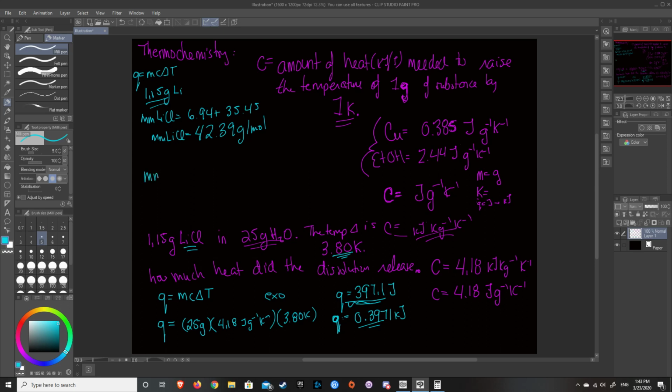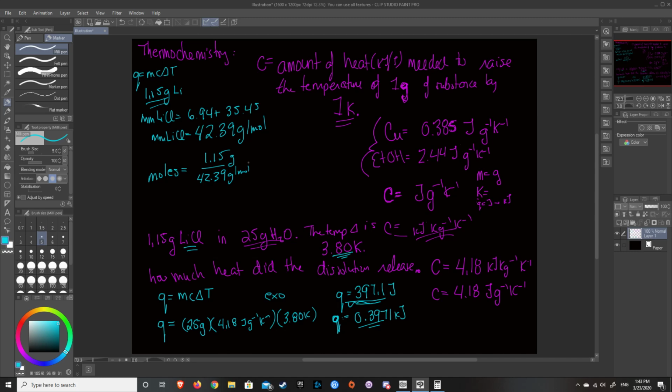To calculate the amount of moles, we do the grams of lithium chloride divided by the molar mass. So 1.15 grams divided by 42.39 grams per mole.